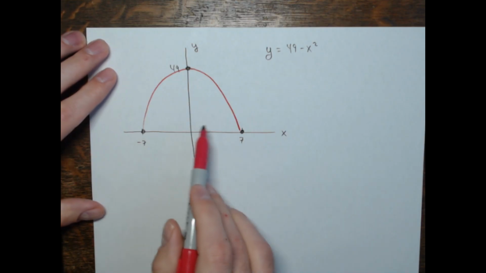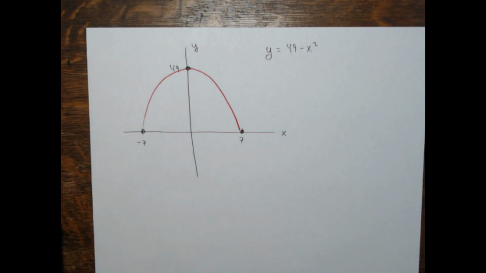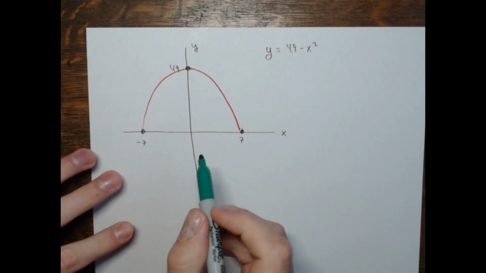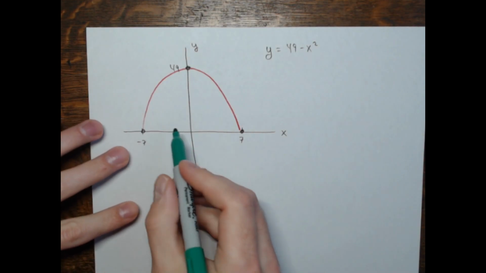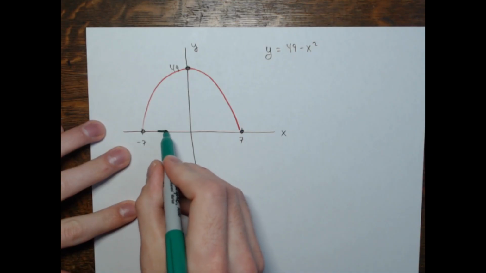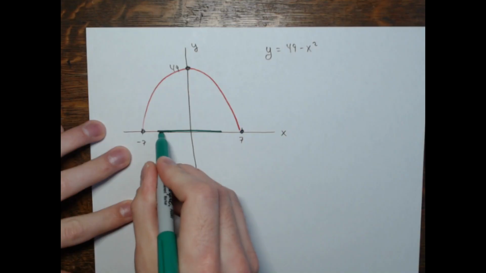Something like that. Now we're only going to look at the top part because what they describe to us says a rectangle is inscribed with its base on the x-axis and its upper corners on this parabola. So base on the x-axis.